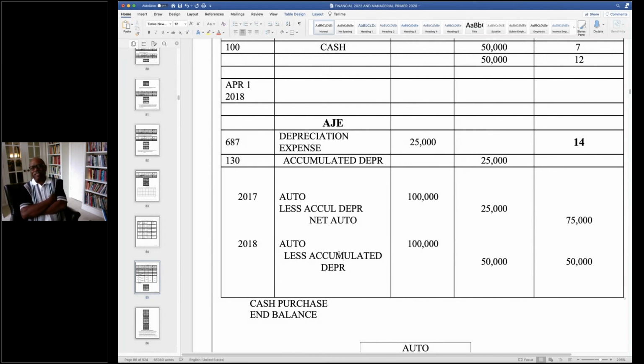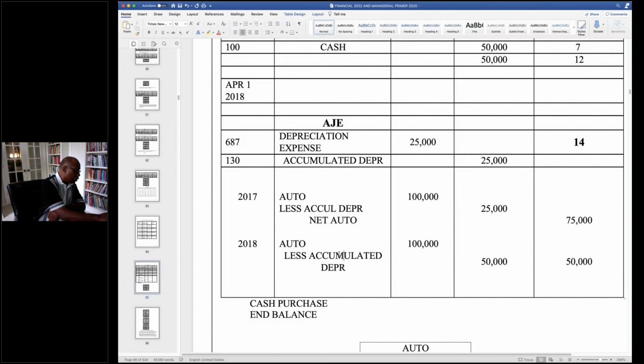Do you see it? If I look in the primer, I see accumulated depreciation is account number 211. Does anybody else see that? Yes, I see it now.